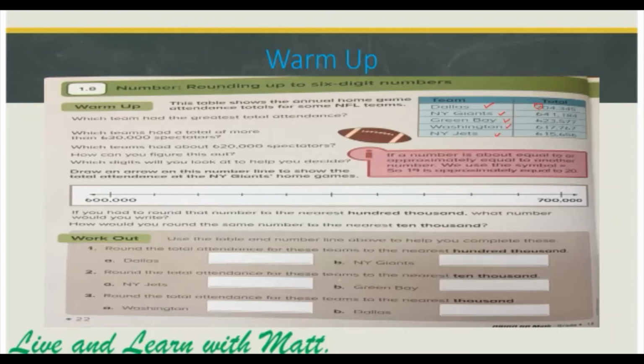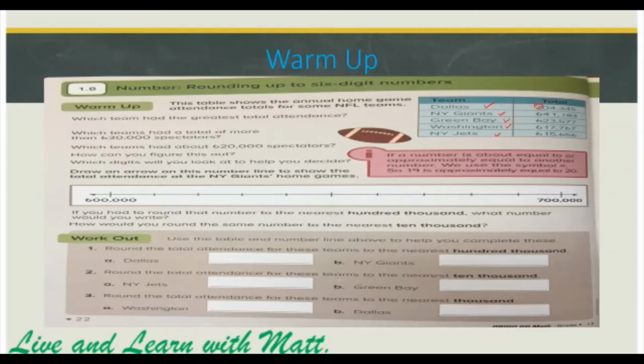We have the Green Bay, the Washington team, and the New York Jets. If a number is about equal to or approximately equal to another number, we use the symbol equal. So 19 is approximately equal to 20.